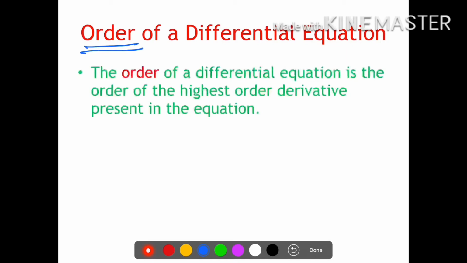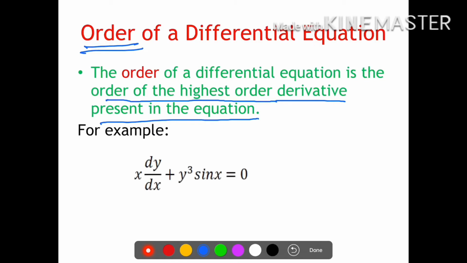The definition is like this. The order of a differential equation is the order of the highest order derivative present in the equation. Let us take one example. Suppose the equation is x dy/dx plus y cubed sin x equals 0.